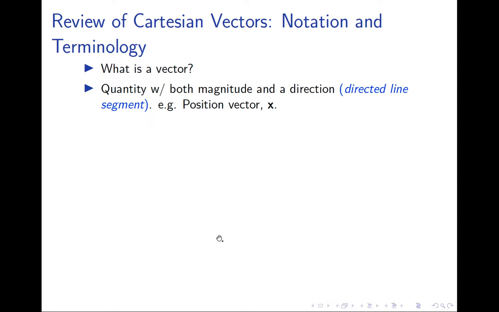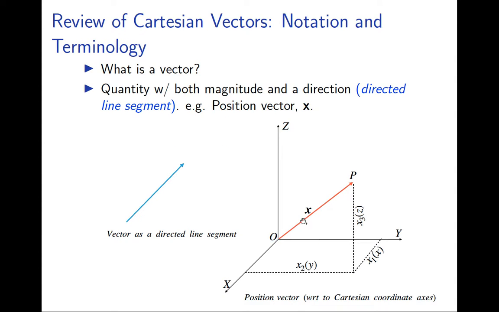As I said, the way to get these components is to start from the tip of the vector and draw perpendiculars on the x, y and z axes, and the length of the intercept where the perpendicular drops on the axis gives you the corresponding component. So if you drop a perpendicular from P to the z axis, the length of the intercept on the z axis will give you the z component. Okay.